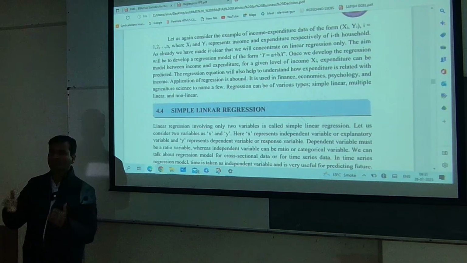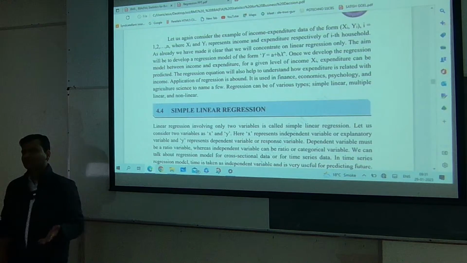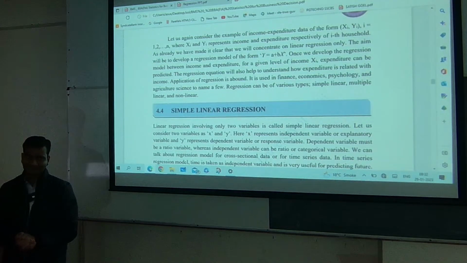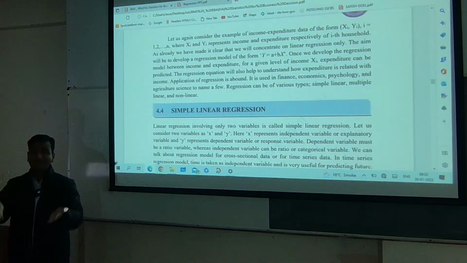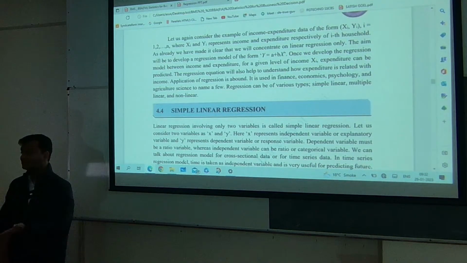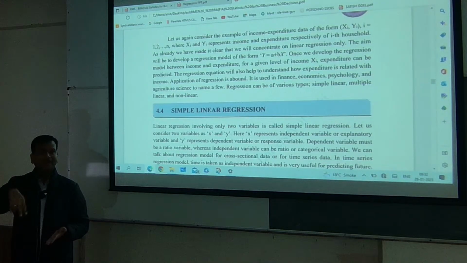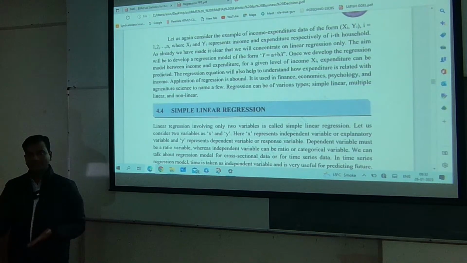If I am talking about sales and price, there are two types of data you have only. Okay, paired data X and Y. So X suppose represents your price and Y represents sales. That you have to see. Okay, it's your wish to whom you want dependent and to whom you want independent.